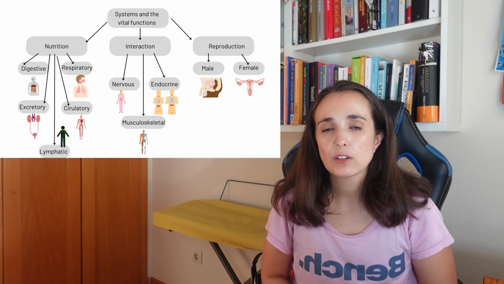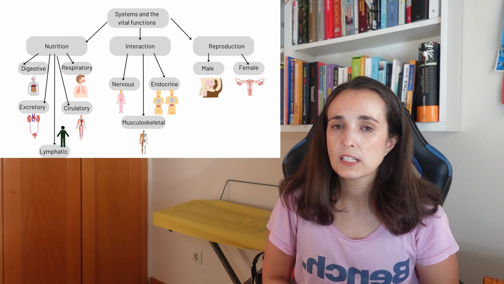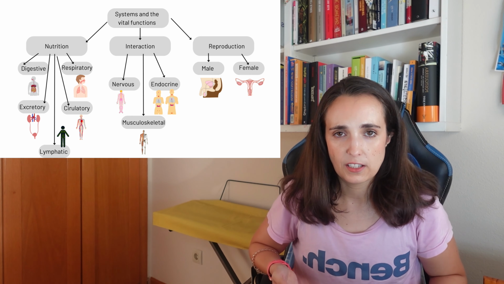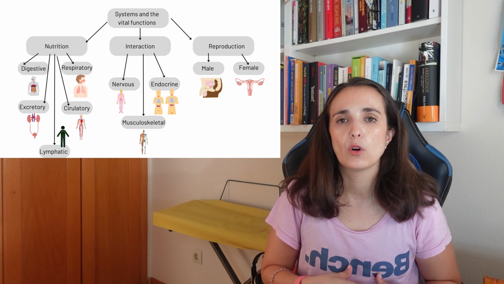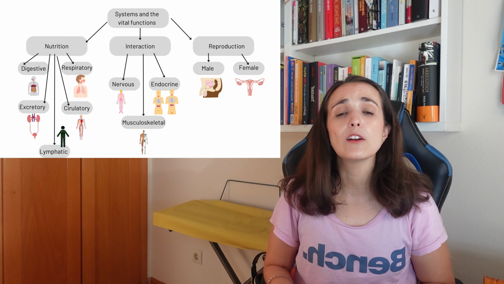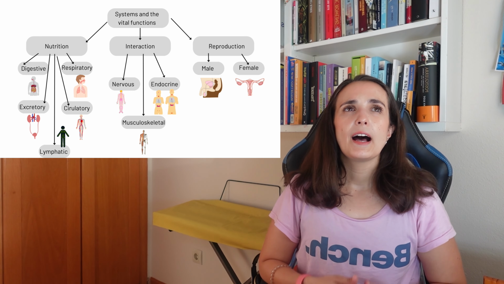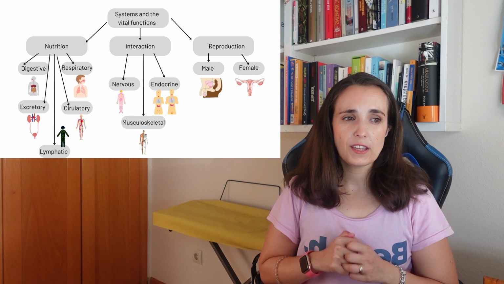And after transporting all the nutrients to the cells and getting the waste, the toxins and waste in general that we don't want anymore in our cells, we need another system to excrete them. But we shouldn't confuse excretion with the excretory system.